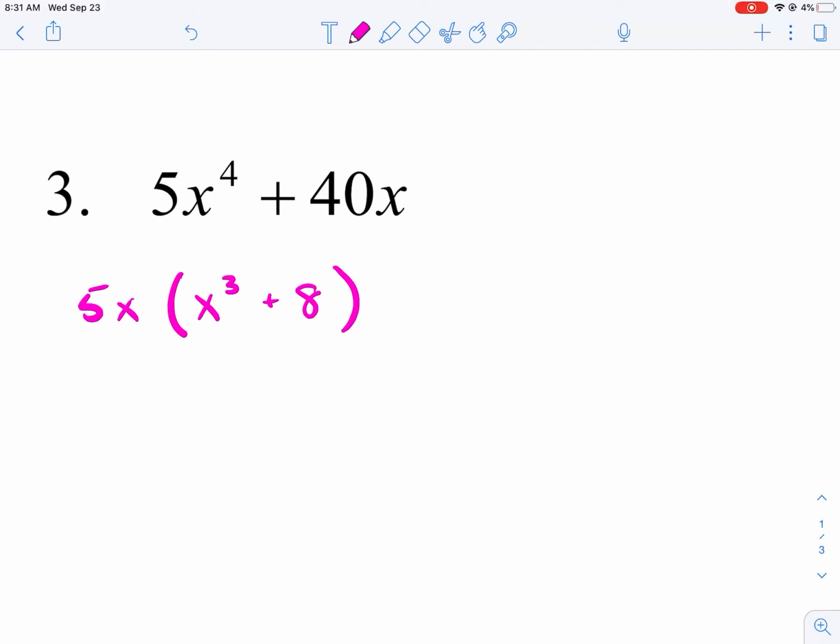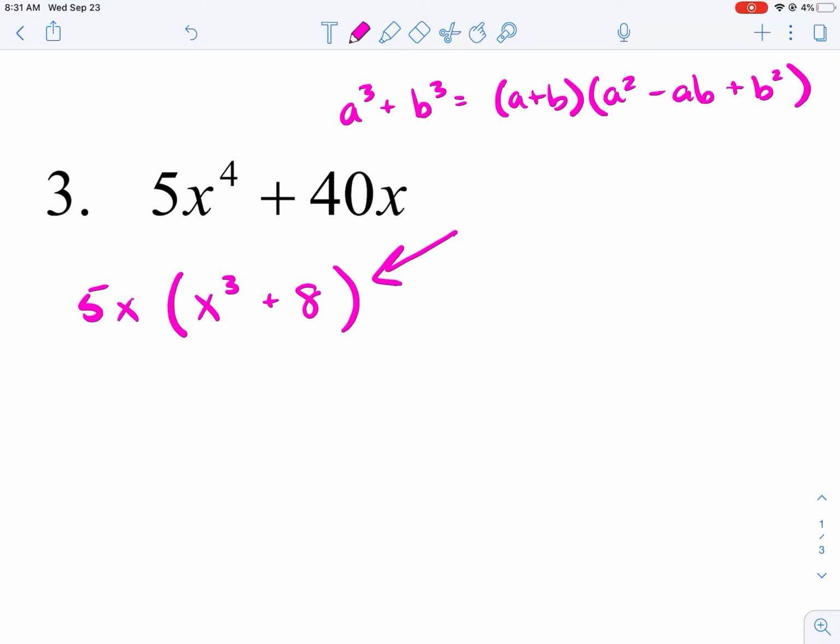Now I take a look at this expression and ask, can I take this down any further? This is one more thing you've got to look for. This isn't a difference of two squares problem, because it's got a plus sign and we have an x cubed. But this is a sum of perfect cubes. So don't forget, a cubed plus b cubed is equal to a plus b times a squared minus ab plus b squared.